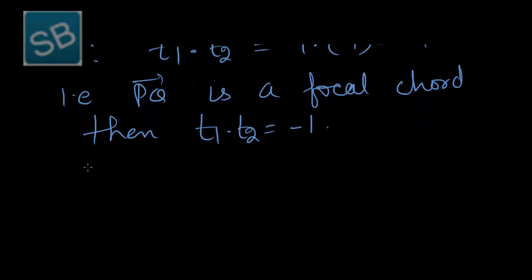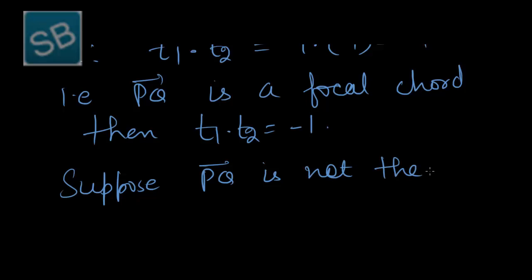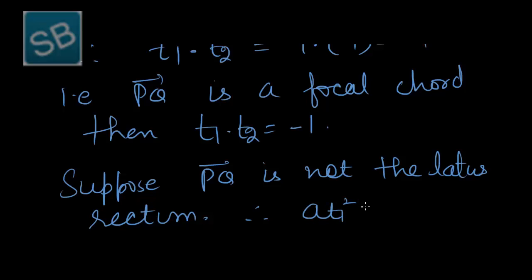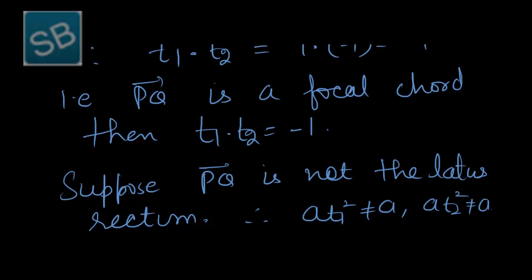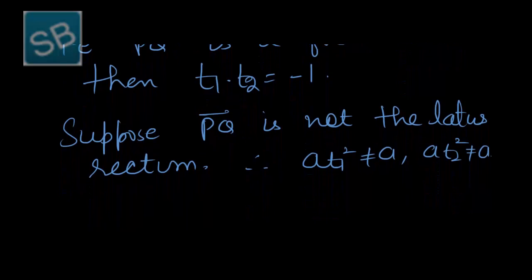Suppose PQ is not the latus rectum. Therefore, t1 square is not equal to 1 and t2 square is also not equal to 1. But as PQ is a line, and S is the focus, then slope of SP, that is P will be at the same distance from the S, then its slope will be same as SQ.